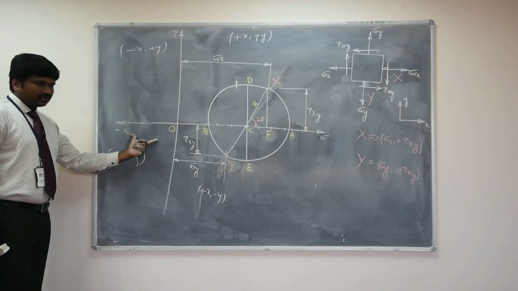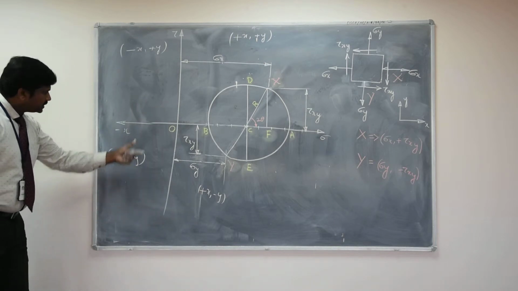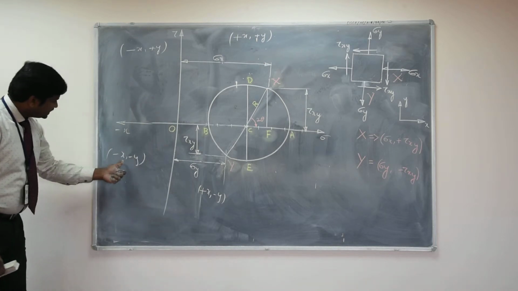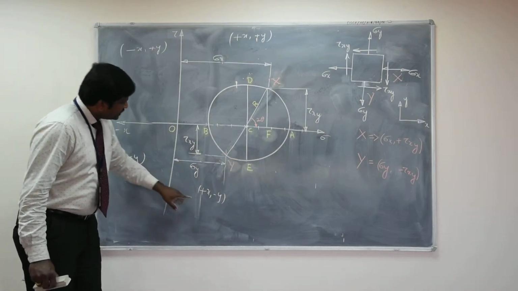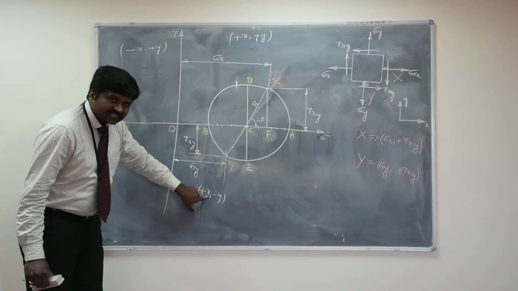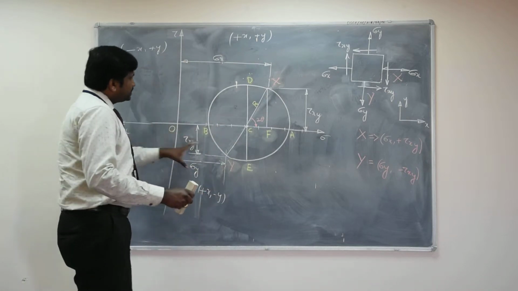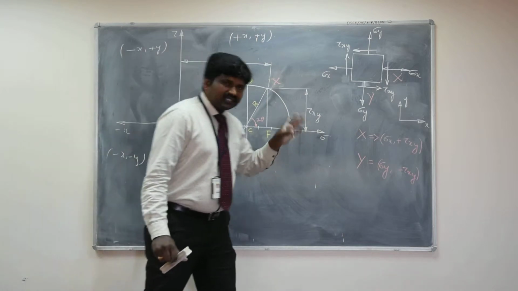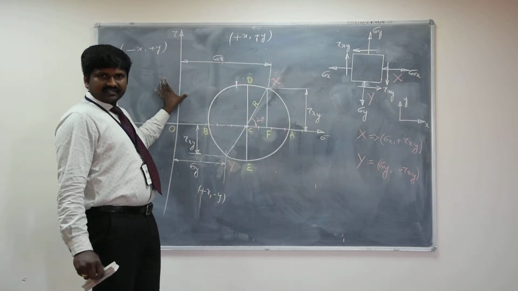This is the third quadrant, minus x, minus y. The coordinates in the fourth quadrant will be of the form plus x, minus y. That means if you remember this sign convention, you can easily locate these coordinates on a Cartesian coordinate system.